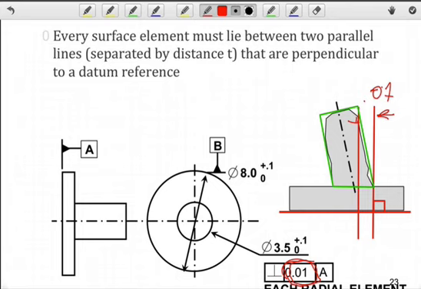What's different about this than straightness is we orient these two parallel lines with respect to our datum reference frame, in this case datum A. So it kind of looks like straightness, except we've got an orientation constraint. Clearly it does affect the shape. There is a secondary effect on the shape of this feature. Because we're constraining orientation, it's also going to control shape to some extent.